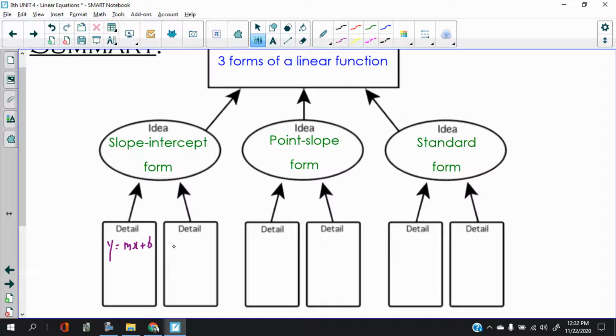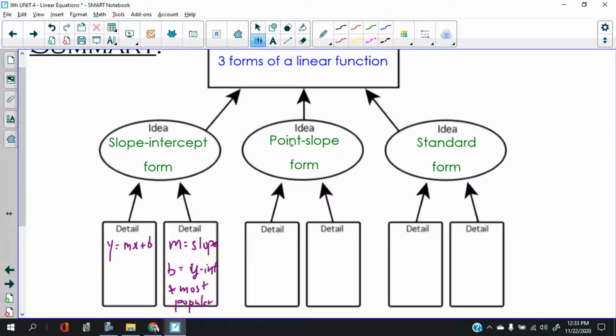It provides you with the m, which stands for slope, and the b, which stands for the y-intercept. This is the most common one, so maybe you should add an asterisk: most popular. Kind of like me.